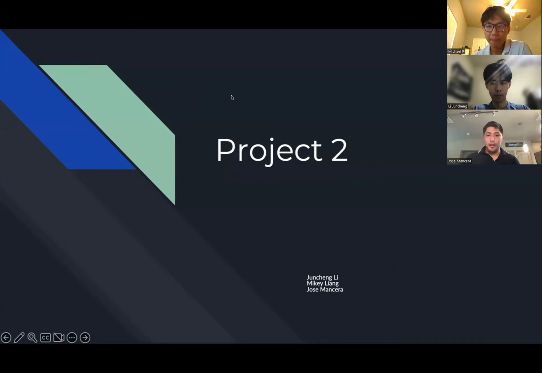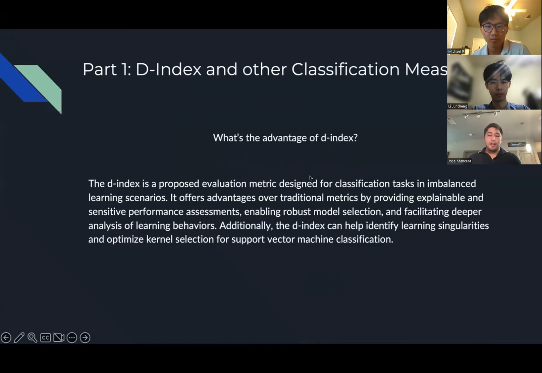Okay, so hey everyone. When I did part one here, let's just start by answering the first question: what is the advantage of the D index over the other classifications we did? The D index was introduced by Dr. Han, and it was a proposed evaluation metric designed for classification problems with imbalance scenarios.